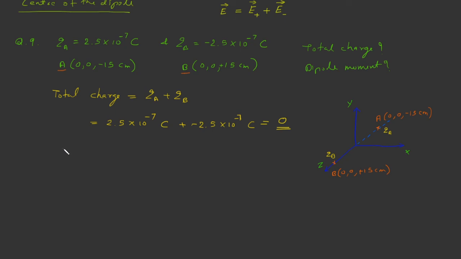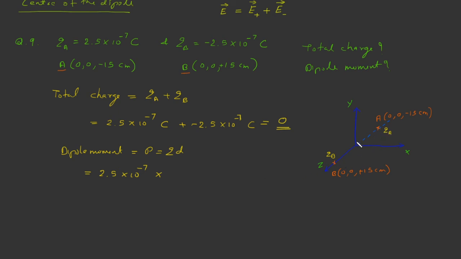Now we are going to calculate dipole moment. We know the magnitude of dipole moment is P is equal to Q into D, where Q is the magnitude of one of the charges, which is 2.5 into 10 raised to minus 7 into D. D is the distance between these two charges.